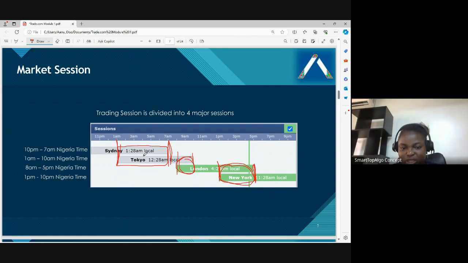If you want to trade this overlap, you target Sydney and Tokyo currencies. If you want to trade this, you target Tokyo and London currencies. If you want to trade this, you target London and New York currencies. During this period, the market tends to move more, and this is what we call market overlap. I hope we are together.